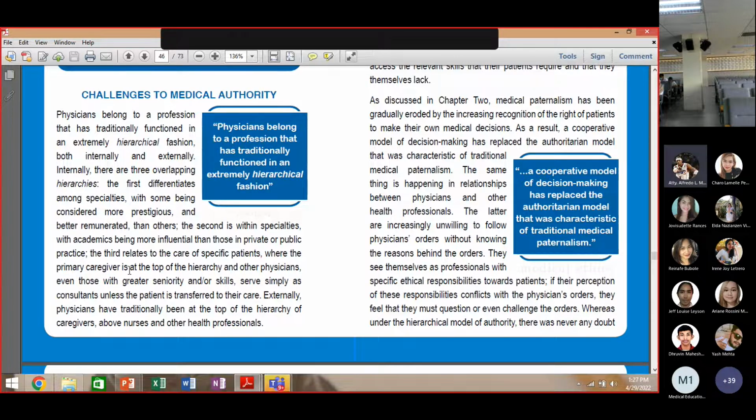So the internal structure is different class. It depends on how you are connected to the company and what your specialties are. Next, externally, physicians have traditionally been at the top of the hierarchy of caregivers, above nurses, and other professionals.